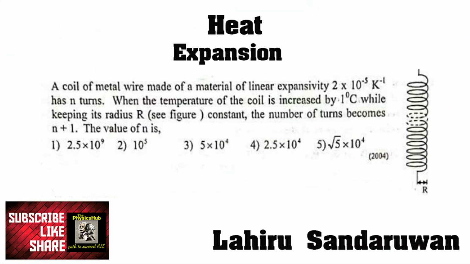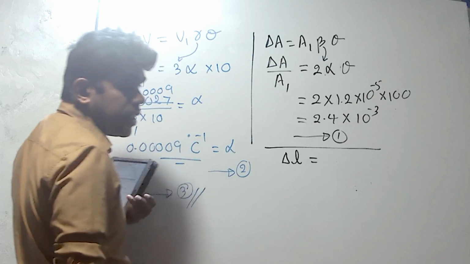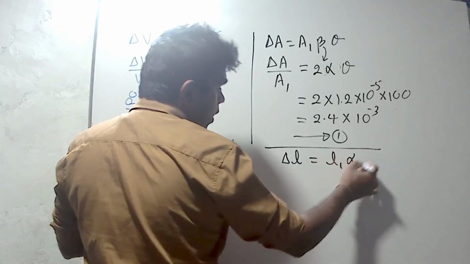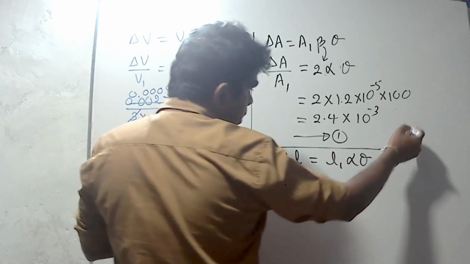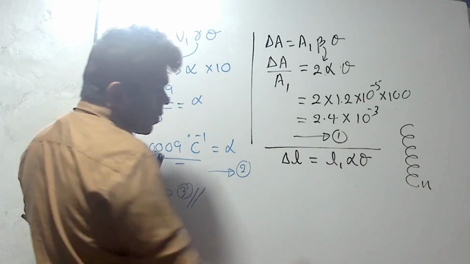A coil of metal wire made of a material of linear expansivity 2 into 10 to the power minus 5 per Kelvin is heated. When the temperature of the coil is increased by 1 Celsius degree while keeping the radius r constant, the number of turns becomes n plus 1. The value of n is? We can consider linear expansion delta L equals L1 alpha theta. Initially, there are n turns.